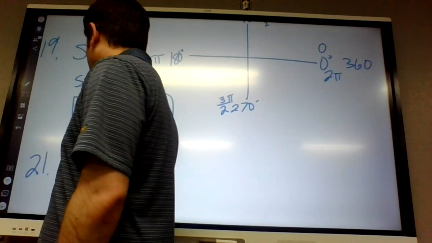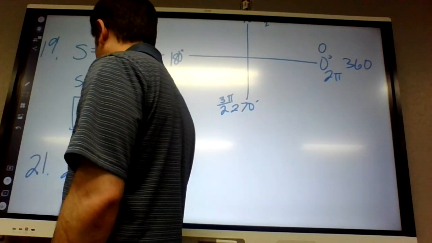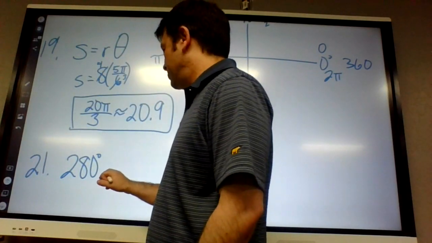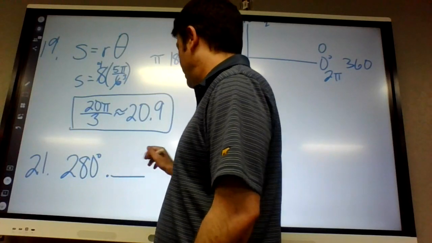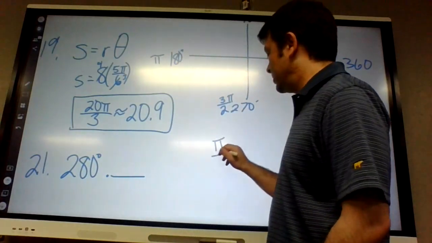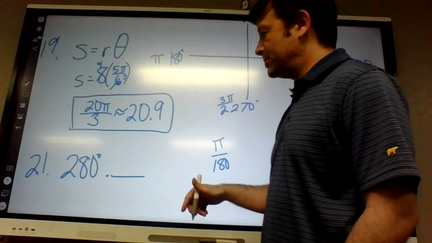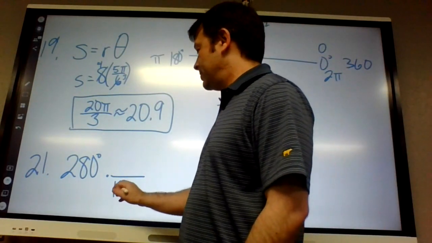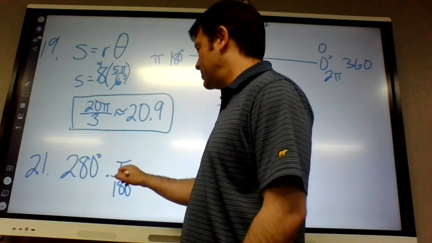Alright. You guys remember the radians converter? Remember how pi and 180 are like the same thing? Pi radians and 180 degrees. So you divide out the degrees and you multiply in the radians, that's the converter.